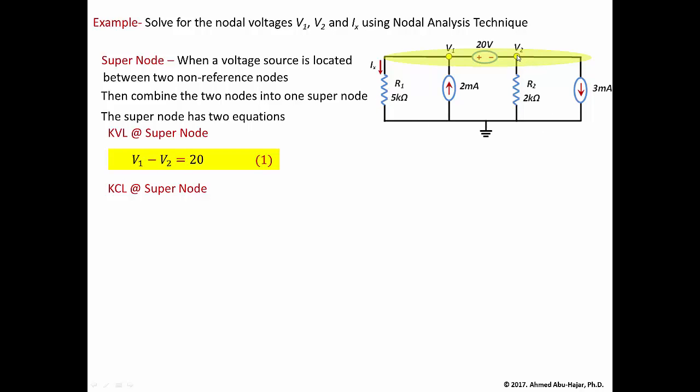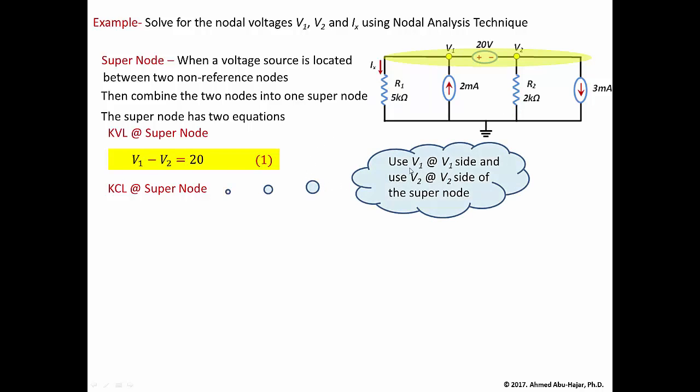But the current that leaves this resistor is going to be V2 over R2. So basically, use V1 at the V1 side and use V2 at the V2 side of the supernode. So even though the currents leaving equal 0, you still need to make sure that the voltage here is V1 and the voltage here is V2. That's the basic idea behind the supernode.